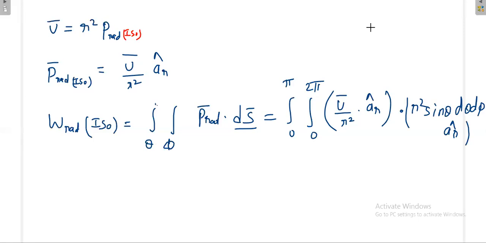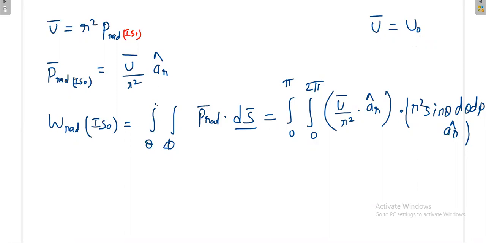U bar for an isotropic radiator is constant, because U is generally a function of angle, but for an isotropic radiator it is independent of angle since it radiates uniformly in all directions. So I will write it as U naught, for the isotropic radiator. For a practical antenna it depends on direction.